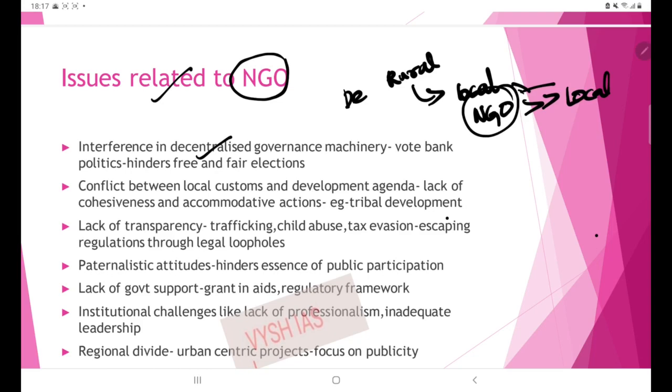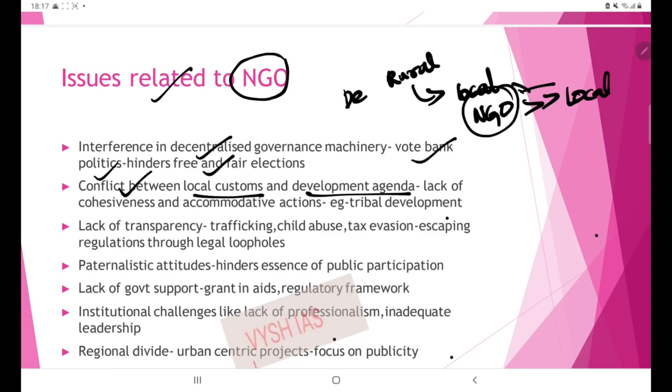And many NGOs in the purview of social justice or social welfare activities have been involved in influencing local politics. They have actually resorted to unfair practices like vote bank politics, and this is hindering free and fair elections, and that is not suitable for a democracy. Then next is the conflict between the local customs and development agenda.